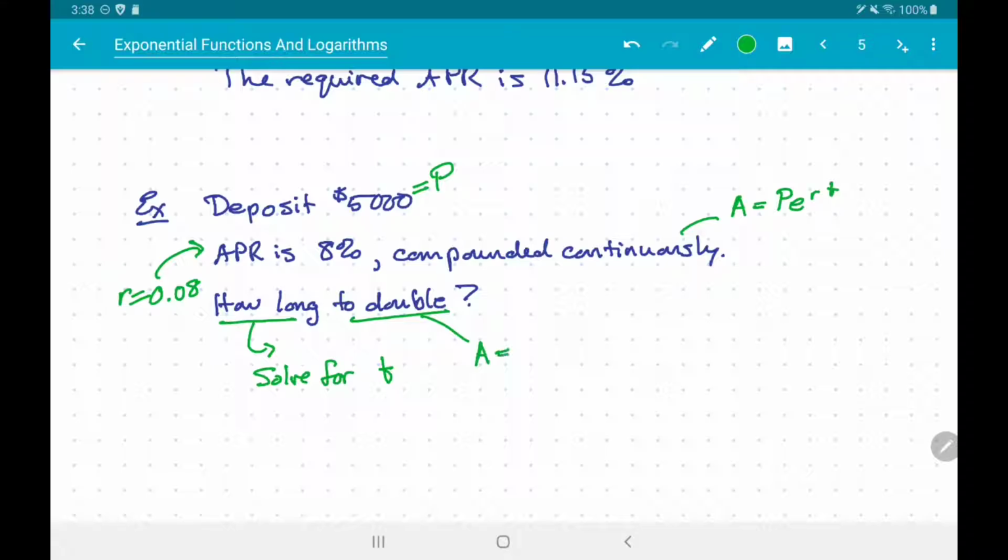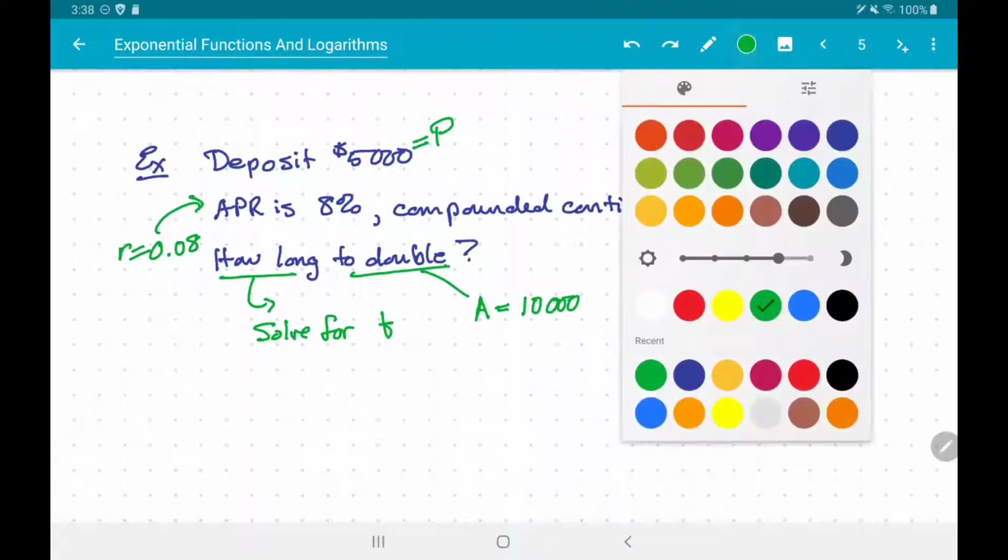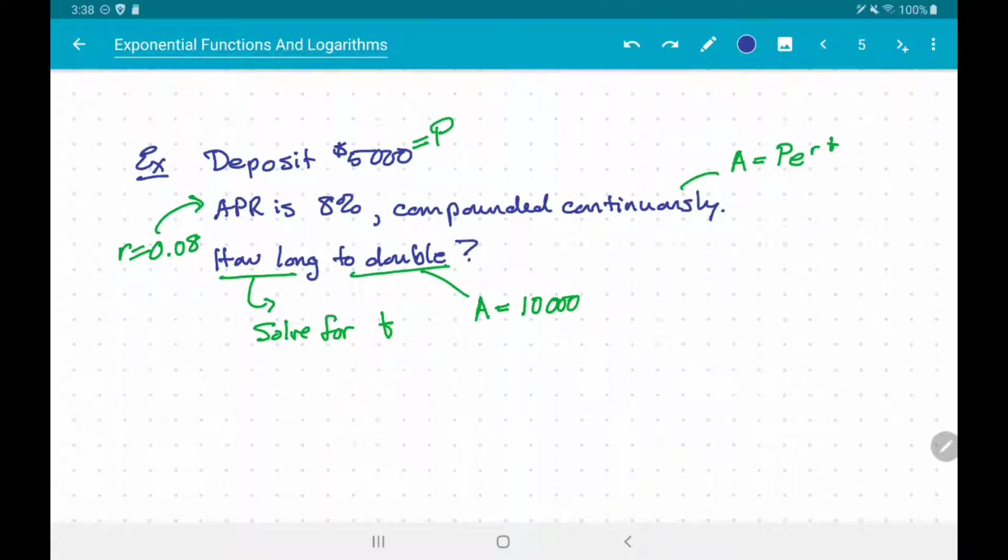That means that the account should reach 10,000. Right? It started at 5,000. Double means that it's going to end up at 10,000. Okay, so let's set all of this up. I have A equals 10,000. P is 5,000 times e to the 0.08t.